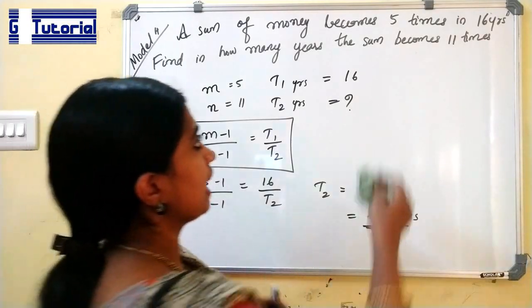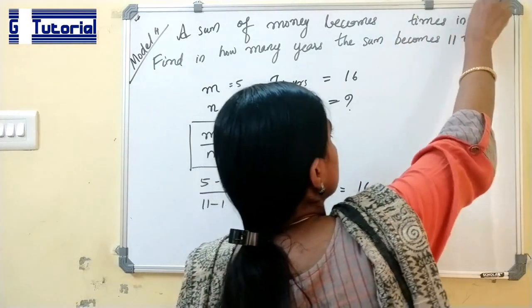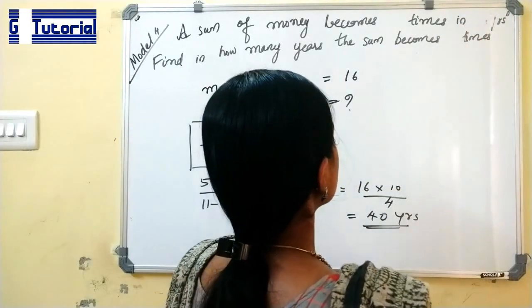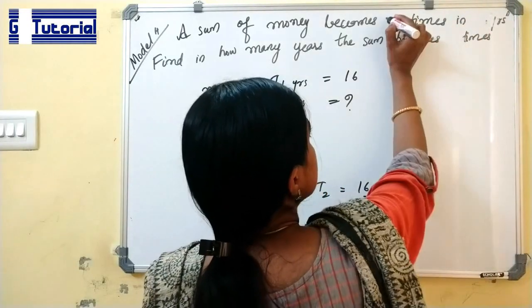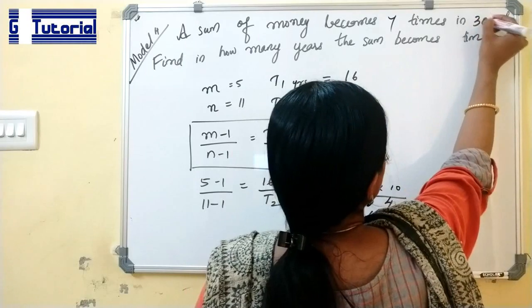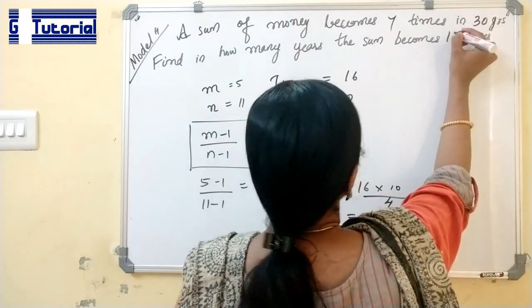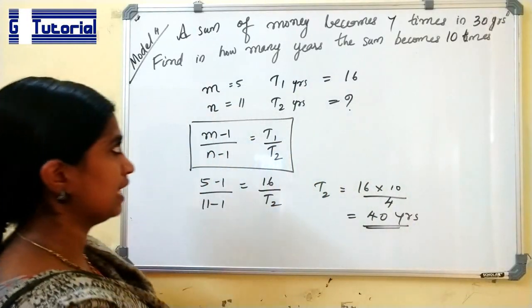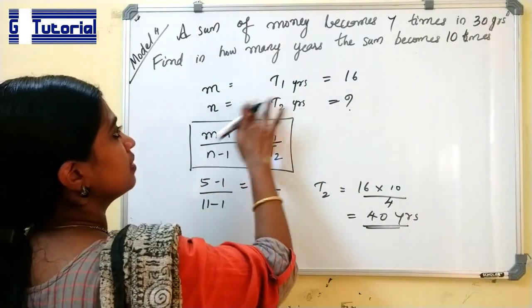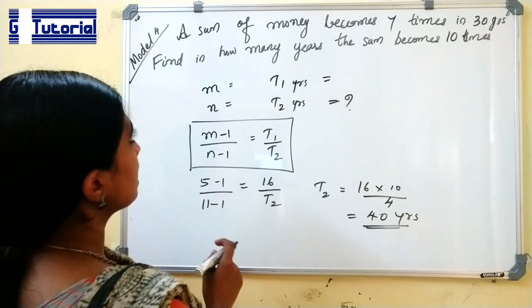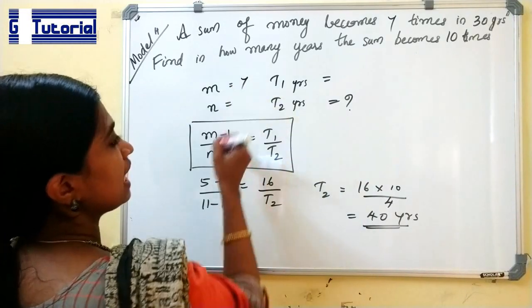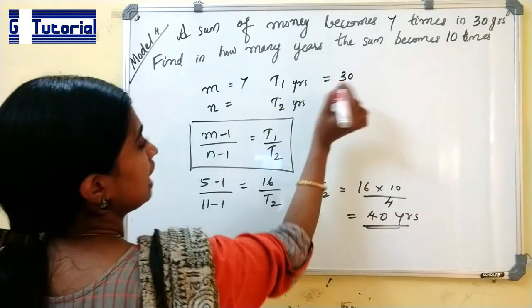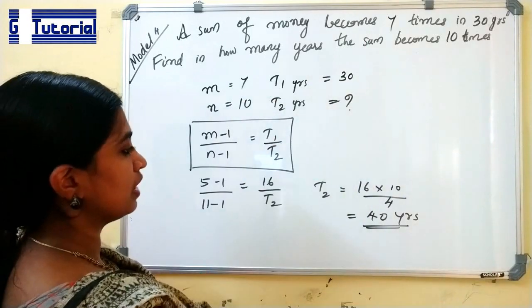If the question is like, a sum of money becomes 7 times in 30 years, then in how many years does it become 10 times?